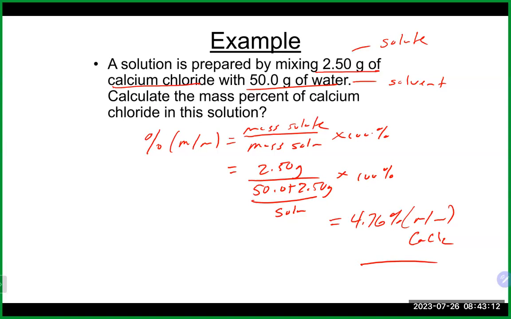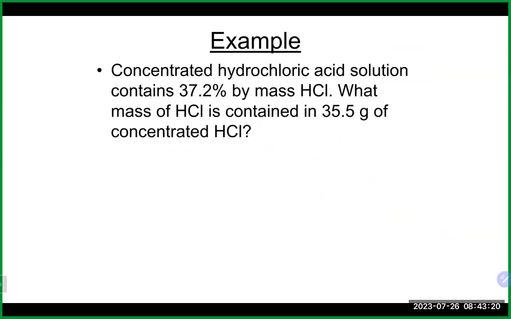Now, we also saw one where we are given the percent composition by mass, or percent mass to mass value. Again, we can turn this into a usable conversion factor. A reminder that the solute in a solution is really the name of the solution. So in this case, we have a hydrochloric acid solution, and we're looking for the mass of the hydrochloric acid, which means we should be looking for the mass of the solute.